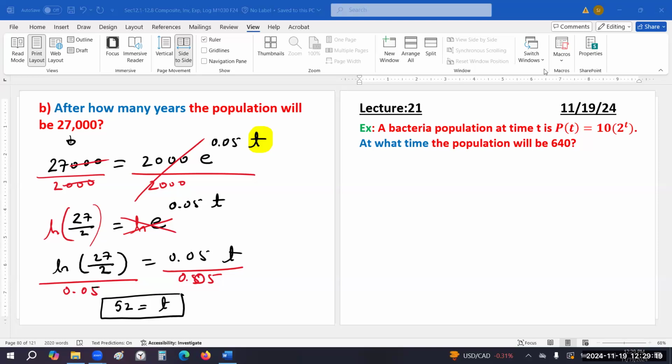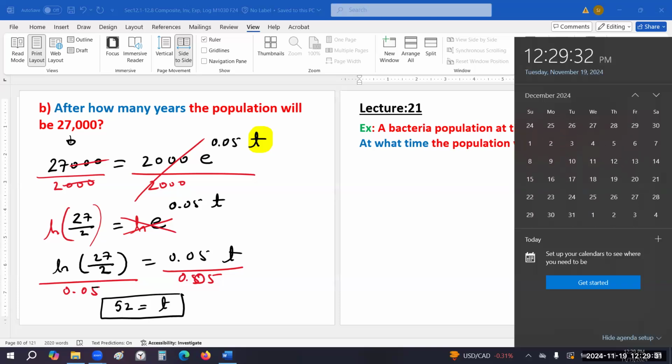My plan is to get at least 3 days to do the review for the final exam. So if we have our exam on December 3, then we have 6, 10, and 13. 13 is our last class.